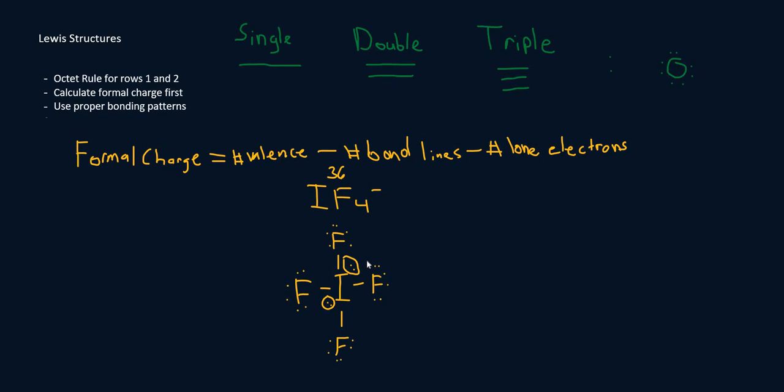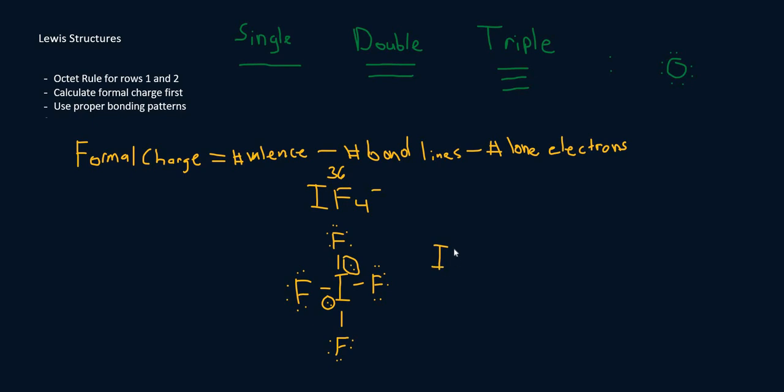But remember that our compound has a negative charge. That negative charge is coming from somewhere. All 4 of these fluorines have a formal charge of 0 because you have 7 valence electrons minus 1 bond minus 6 lone electrons is net formal charge of 0. But what about iodine in this case?